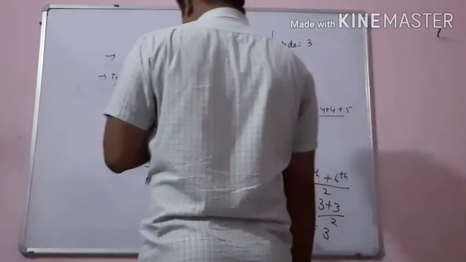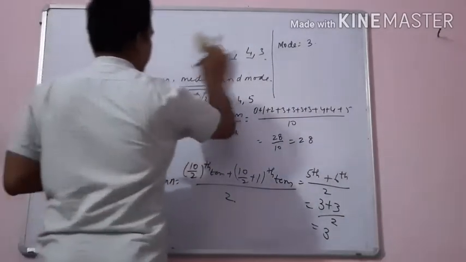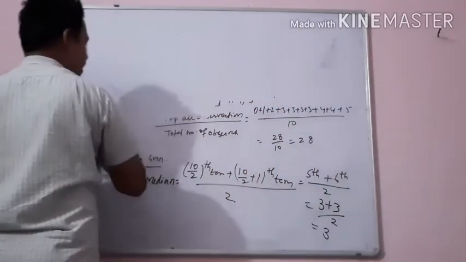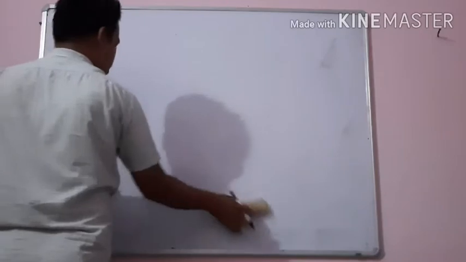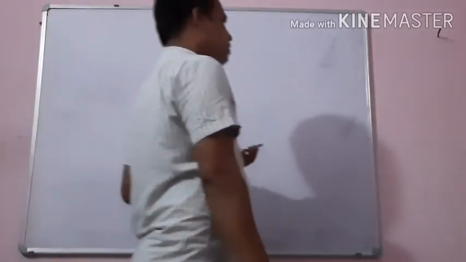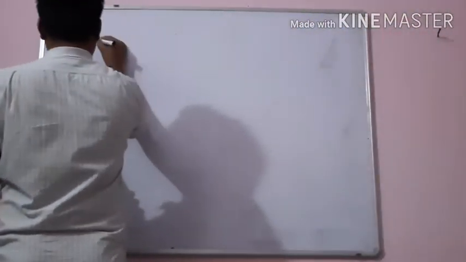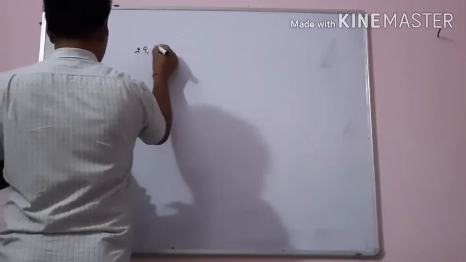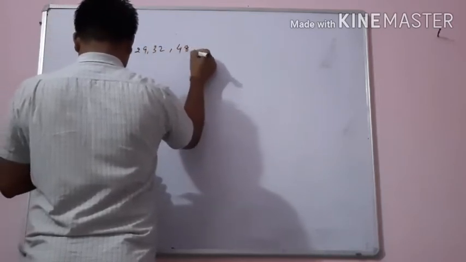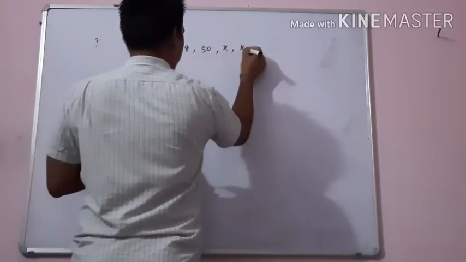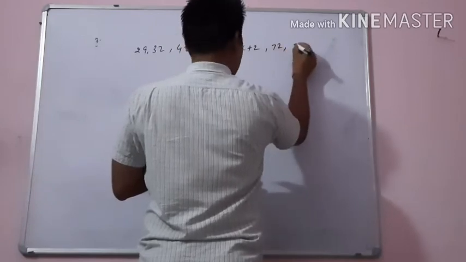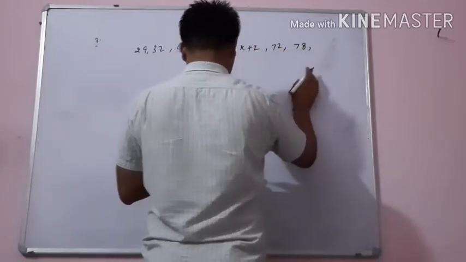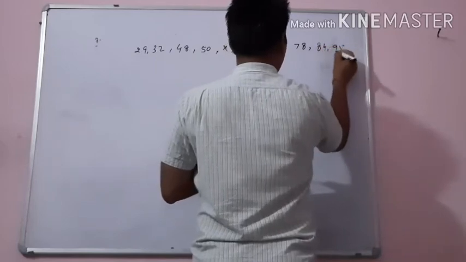The following observations have been arranged in ascending order. Here it is mentioned that data has been arranged in ascending order. I am writing the data: 29, 32, 48, 50, x plus 2, 72, 78, 84, 95.